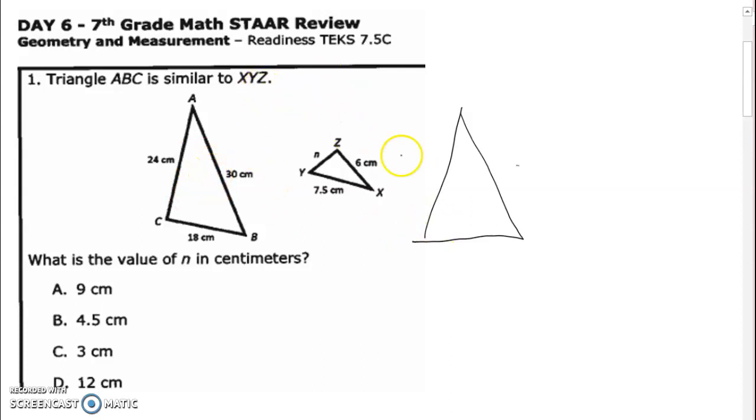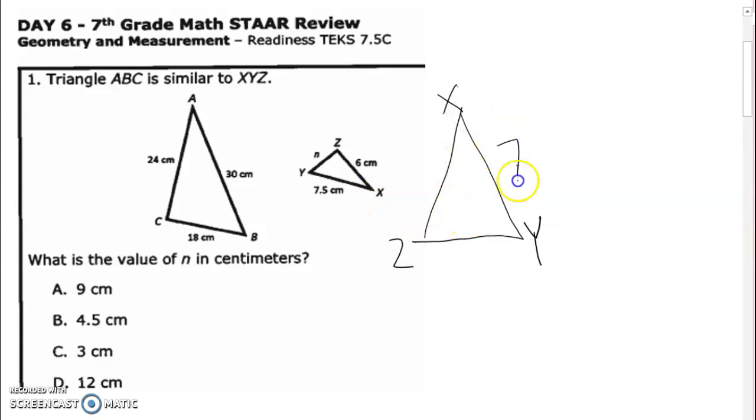And if I do that, then you gotta think, well, then this would be X, this would be Y, and this would be Z. All I did was stand this one up. And so I noticed there that now I can put the measurements that go along with these sides.